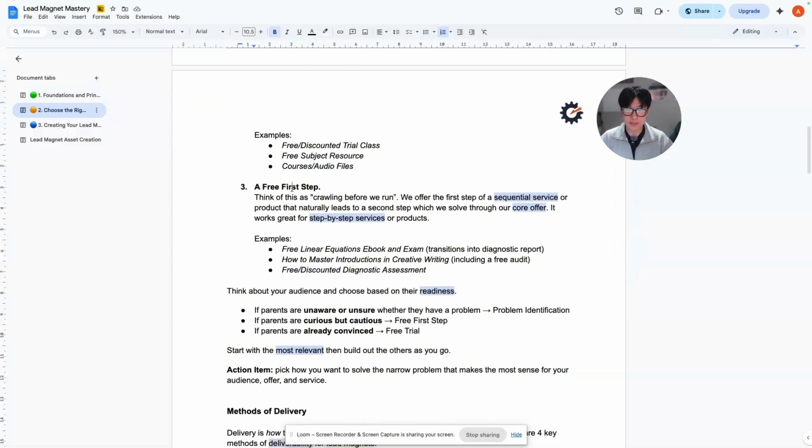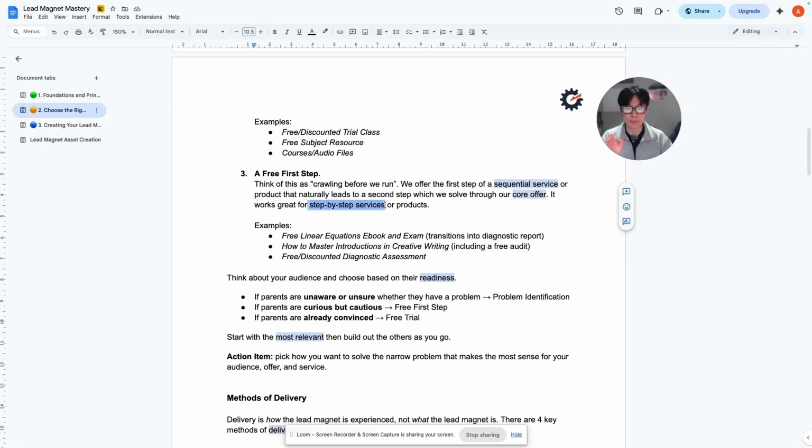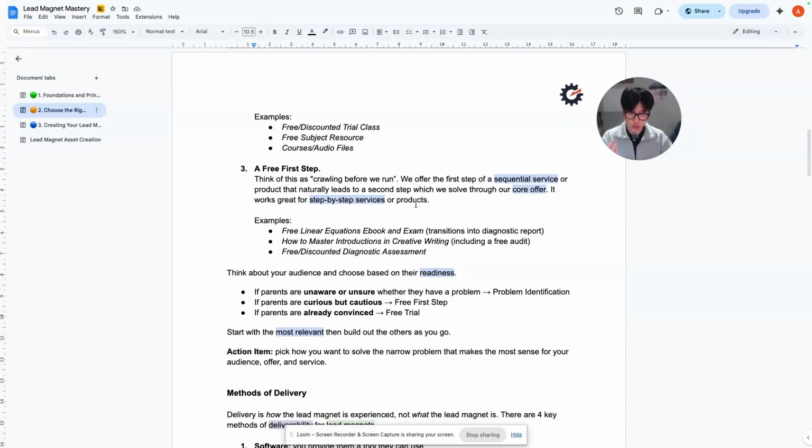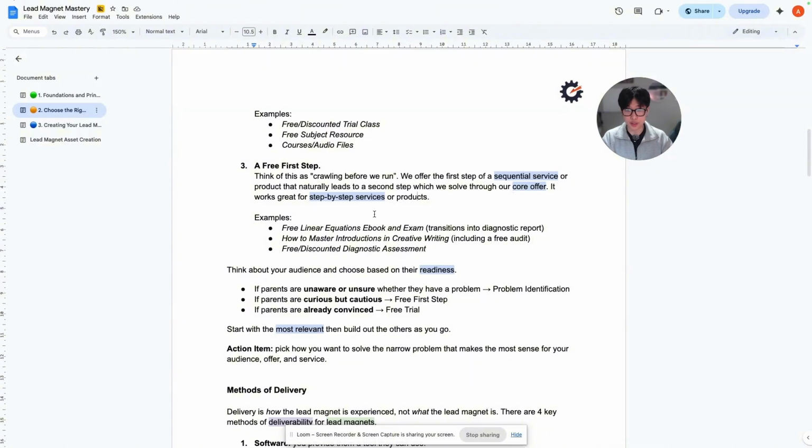The third lead magnet type is a free first step. So think of this as crawling before we run. We share the first step or the first few steps in the grand scheme of a large number of steps. It's a sequential service or a product that naturally leads to a second step, which we solve through our core offer. And it works great for step-by-step services or products. In tutoring, this is less prevalent, but we still have some examples for you.